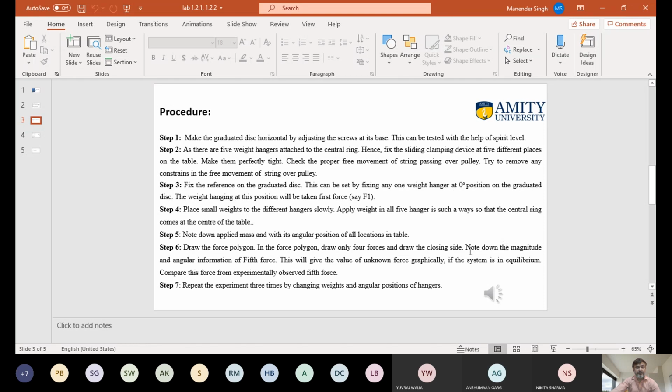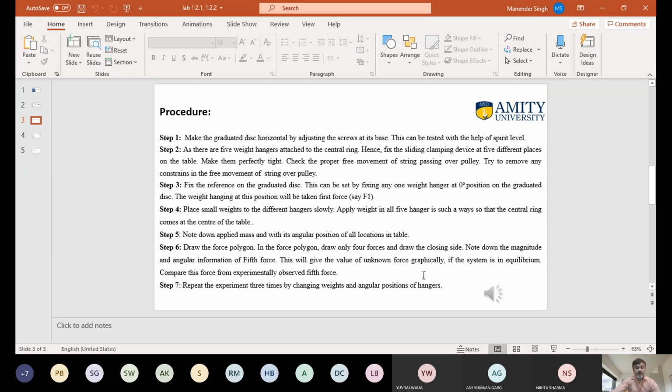Now we have to note down the magnitude and angular information of the fifth force. This will give you the value of the unknown force graphically. You have to draw a graph with a proper scale.